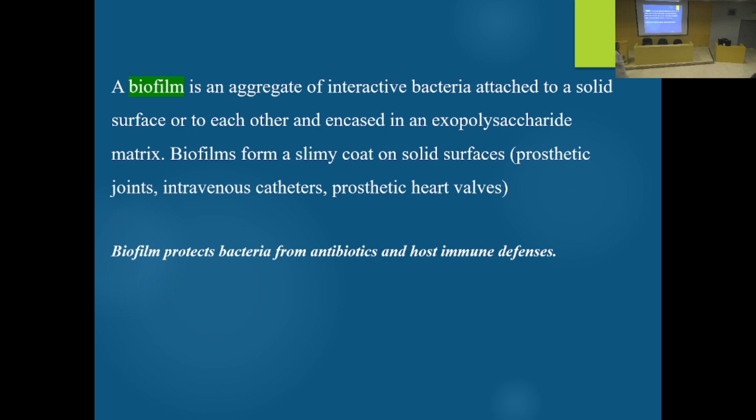Biofilm protects the bacteria from antibiotics. So it's very difficult to treat such bacteria that produce biofilm, okay? And it will also protect the bacteria against host immune defenses. So this is just a short video just to make you understand what is this biofilm.